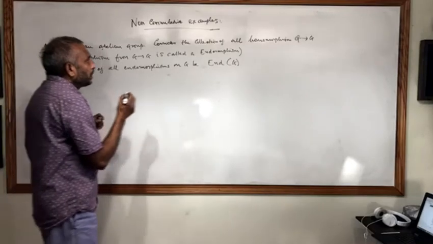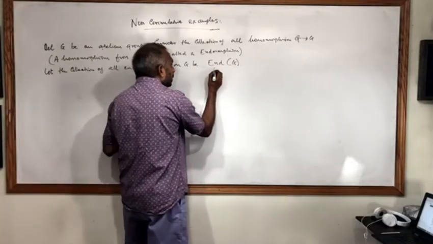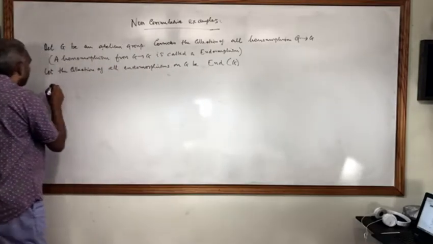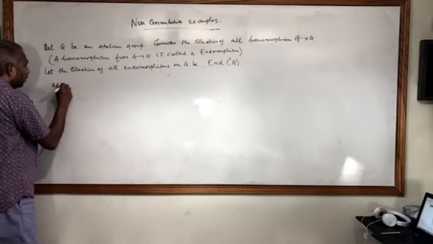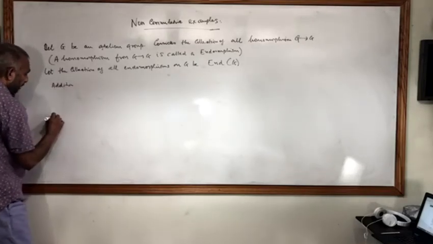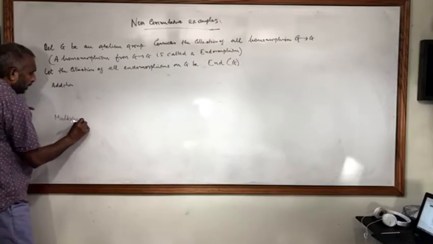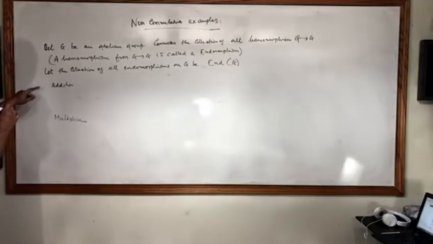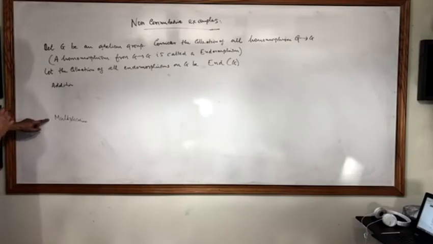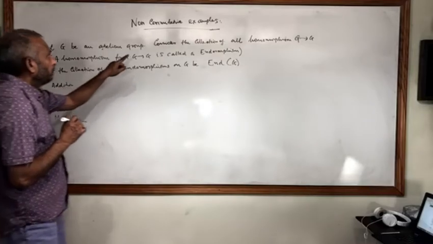We need to define two operations here: addition and multiplication. And show that this addition and multiplication follows the axioms of a ring.